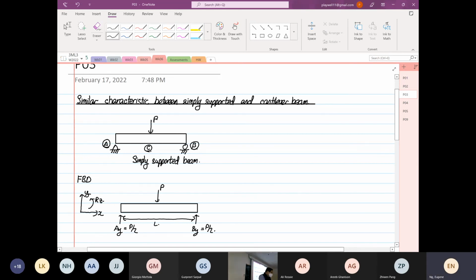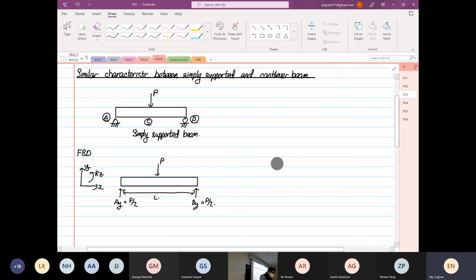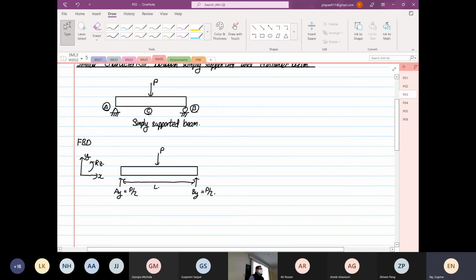So we are going to form, okay, now I'm going to teach this more in detail later, maybe in week 10. Okay, but I'm going to introduce you to how to get the shear force and bending moment equation first.